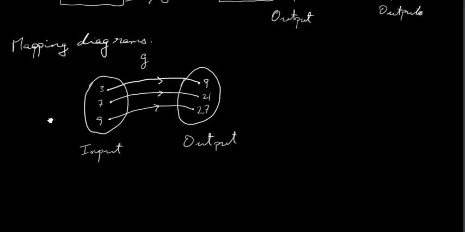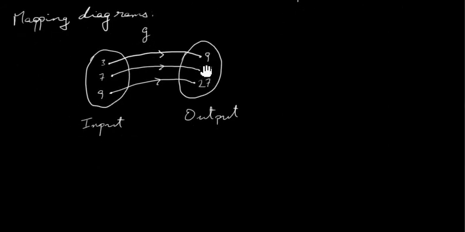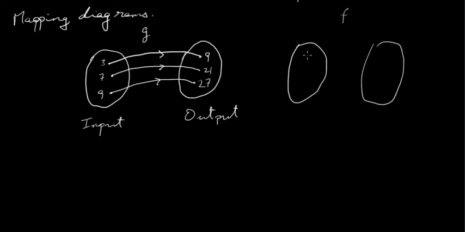Now, you'll notice as well that each input is mapped onto an output, and for a function to be a function, each input can only be mapped onto one output. So for example, if you have another function here, let's call it f this time, and you have 3 numbers here, 1, 3 and 7, and outputs 4, 6 and 10.